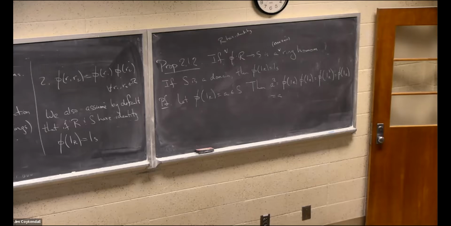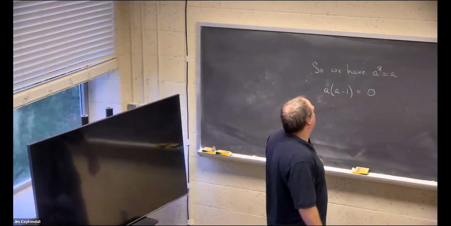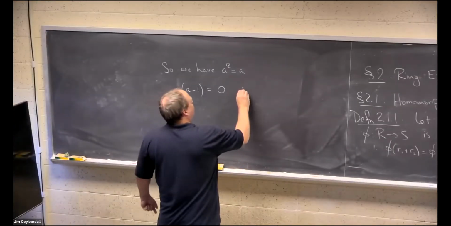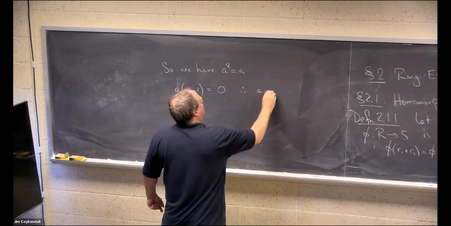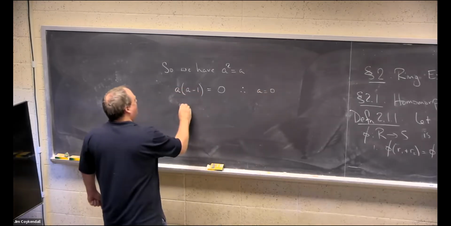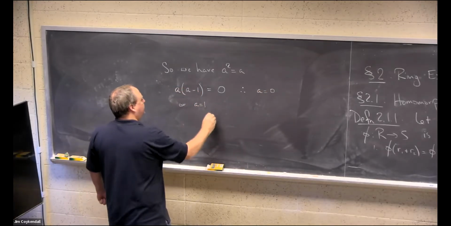So we have A squared equals A, and you probably know where this is all going now, because now you have A times (A minus 1) equals 0. Of course, A minus 1 makes sense because S is an integral domain, so it has a 1. Therefore, A equals 0 or A equals 1.